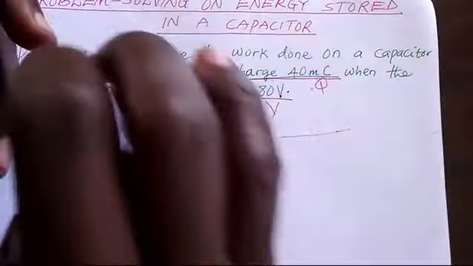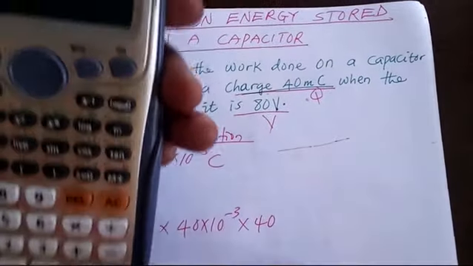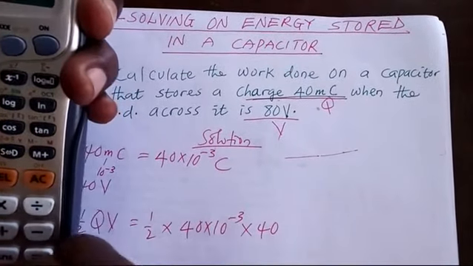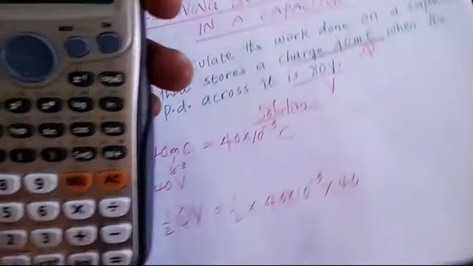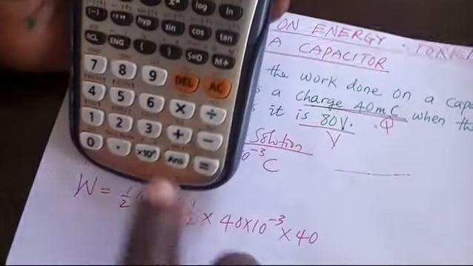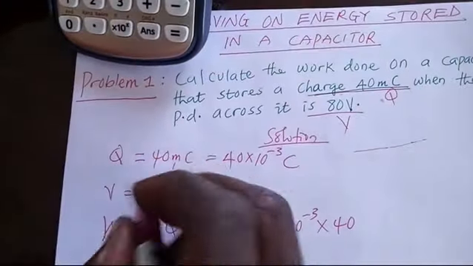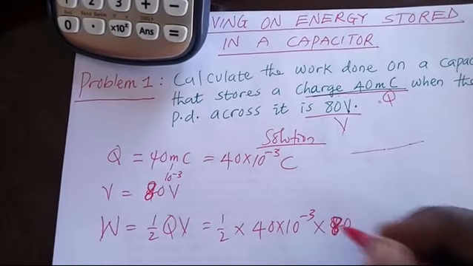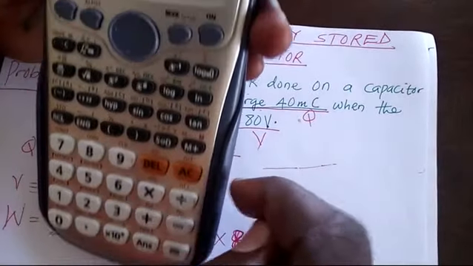Half is just 0.5, so I will press 0.5 for the half, and then multiplied by 40 exponential negative 3, then multiplied by, I'm sorry, this is 80, so we have 80 here, not 40, 80 times 80.